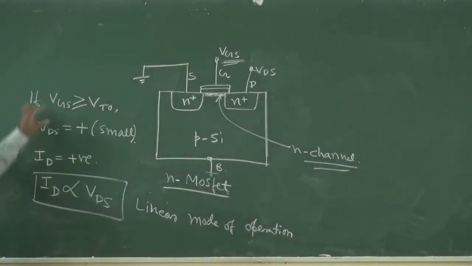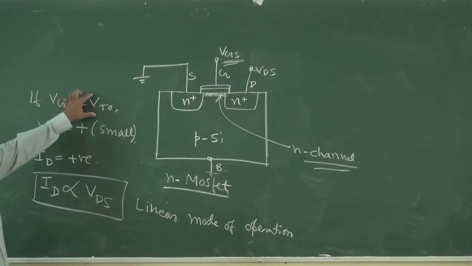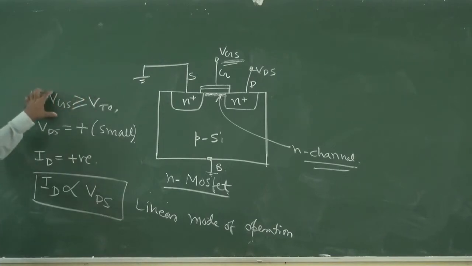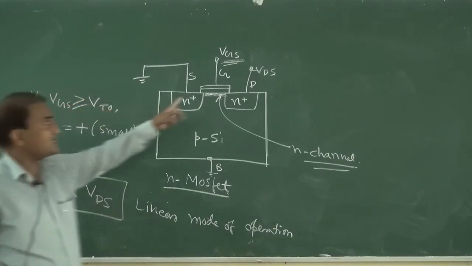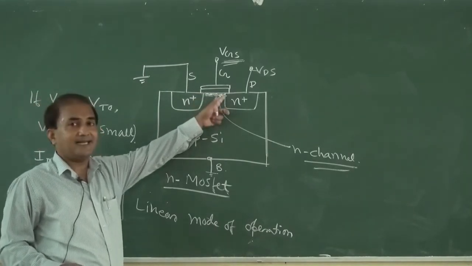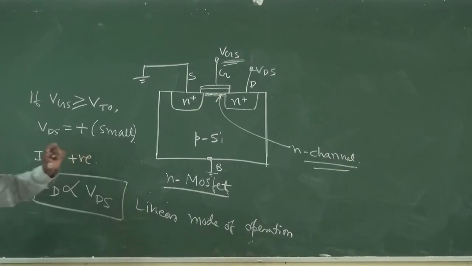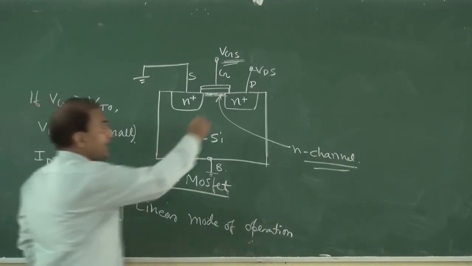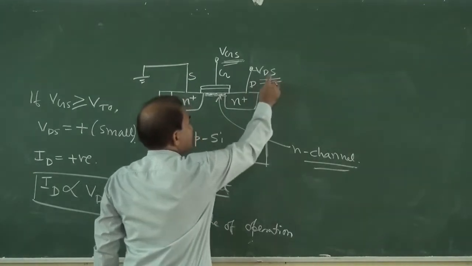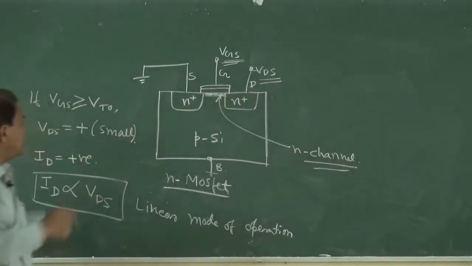So in linear mode of operation, VGS should be greater than VT0. This condition is required for the creation of the channel between the source and the drain terminal, and how current flows is determined by the application of external voltage at the drain terminal.